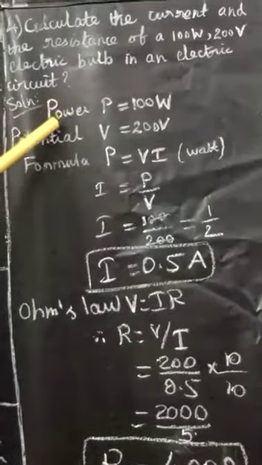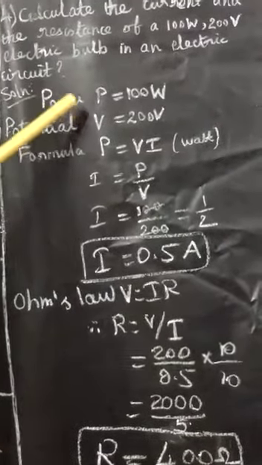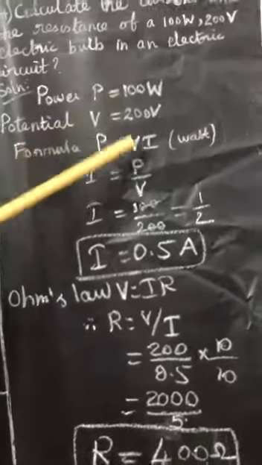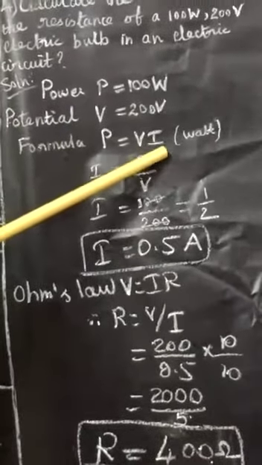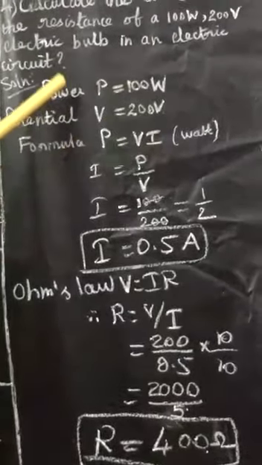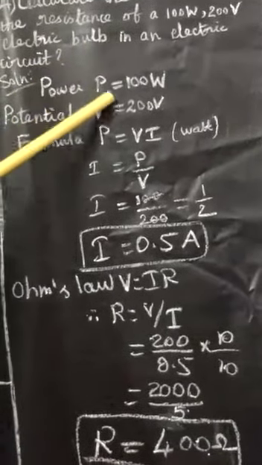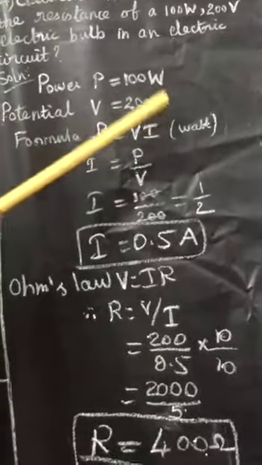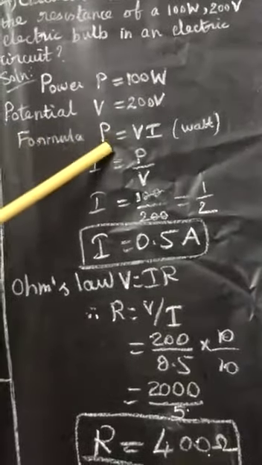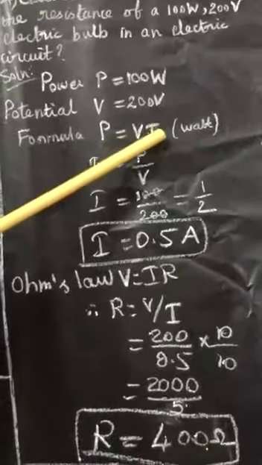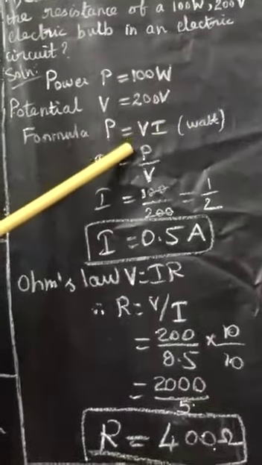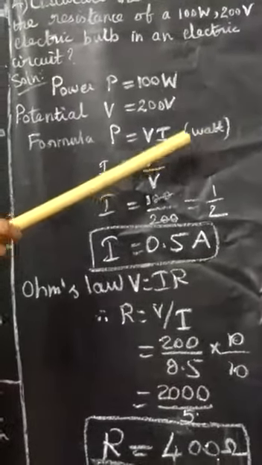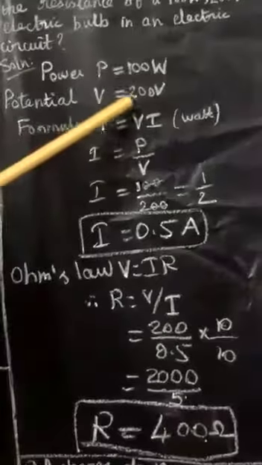First, the formula for power: P is equal to V into I. Power is equal to 100 watt, potential difference V is equal to 200 volt. The unit of power is watt.